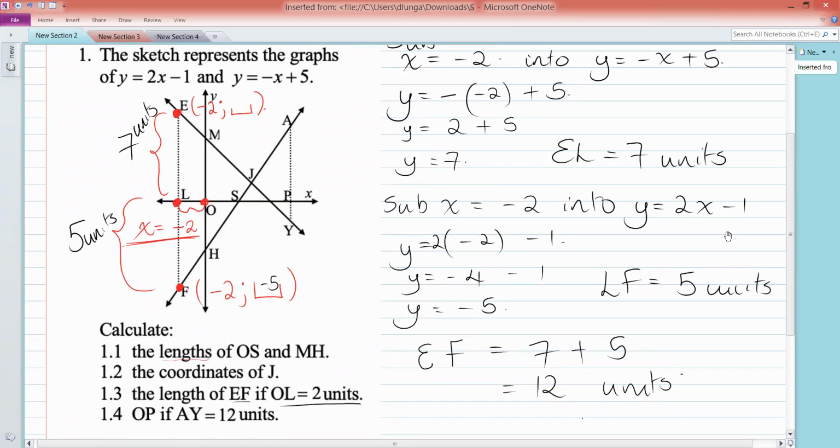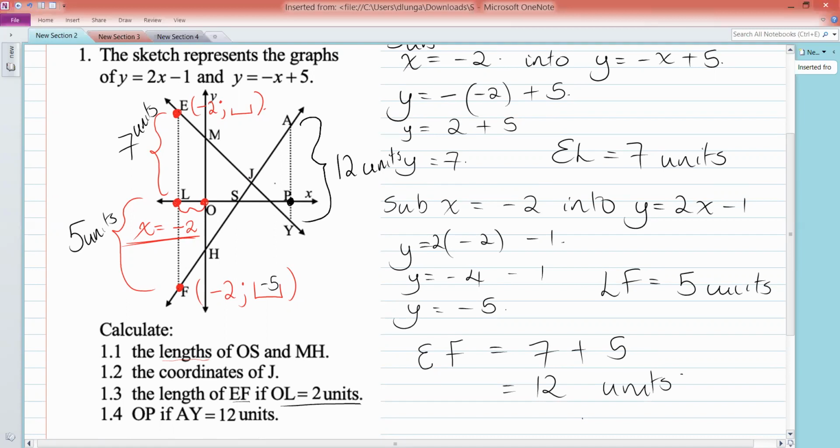Now, this one is a slightly more complicated question. Why? Because they've told us that the distance from A to Y is 12 units. They've told us that much. What we now need to work out is what the corresponding x value is.